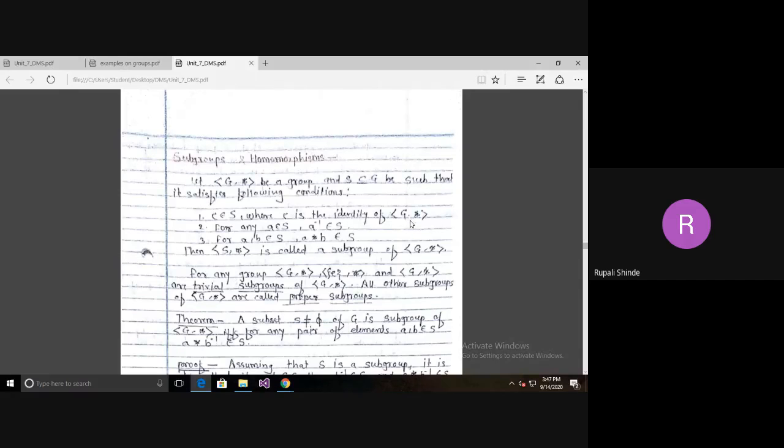If E is the identity element and it is in G, that is in the group, then that element should belong to S. Second one, there should be an inverse for each and every element of S. So if you consider any element A that belongs to S, A inverse should belong to S. And third one, it should satisfy the closure property.